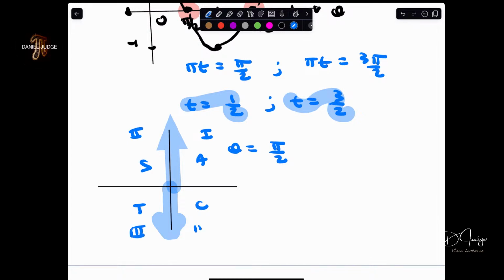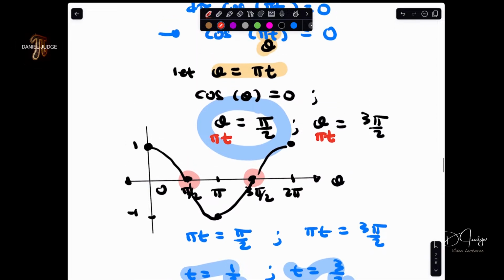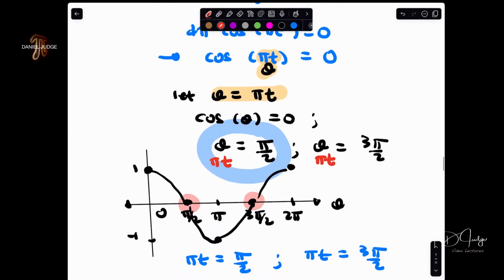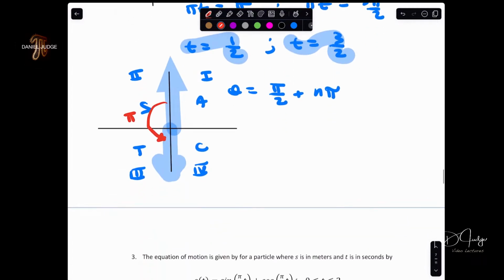But we're going to add a multiple of n pi now because in general this is 180. This is pi, and we can generally get our solutions this way. Theta is pi over 2 plus n pi. That's your general solution. So if you went back now and said, hey, but theta is pi t, do that. Theta is pi t.